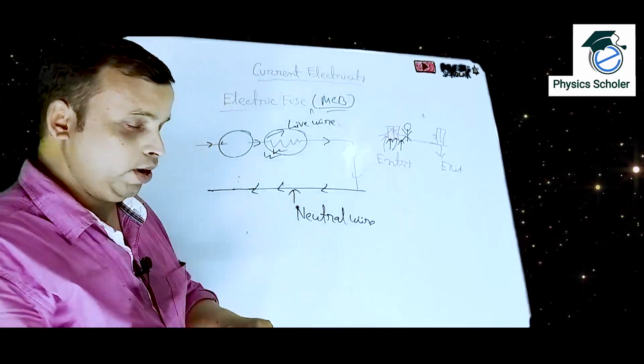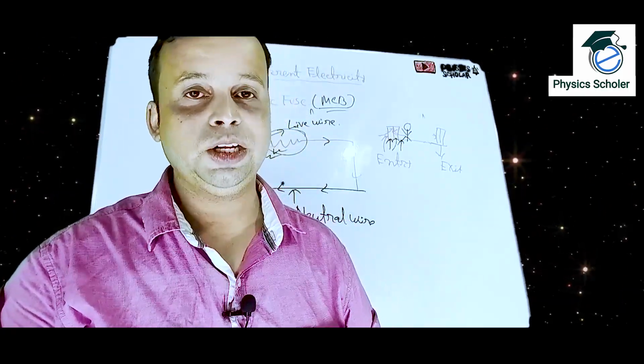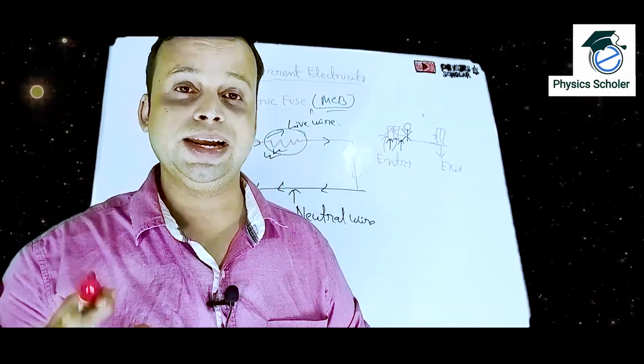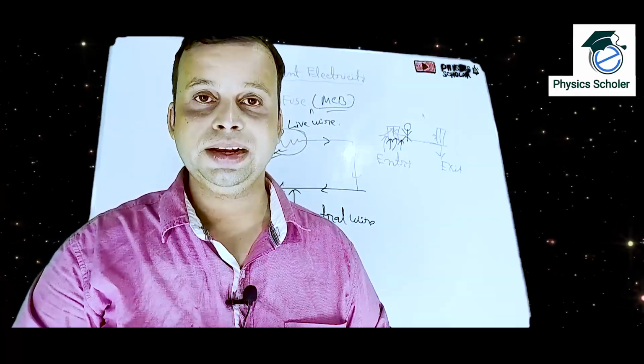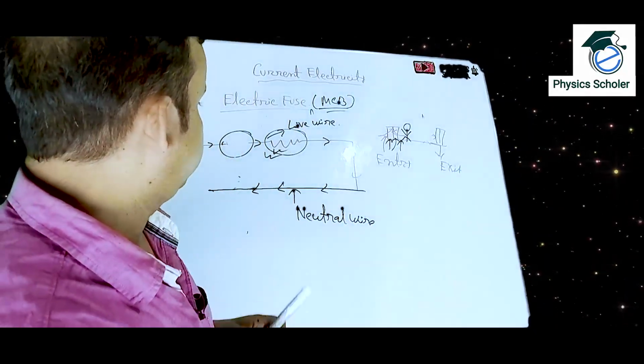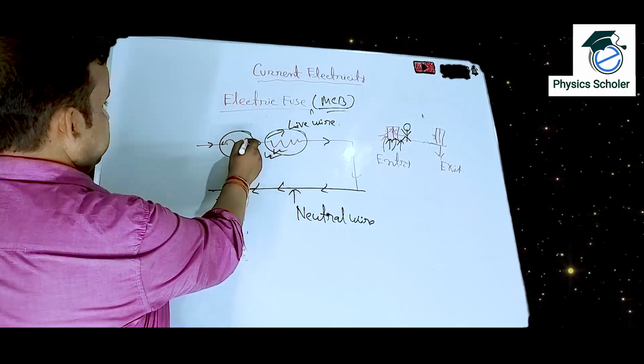Remember, always, that fuse or MCB, whose functions are almost the same, are always connected with the live wire. It should never be connected with the neutral wire.